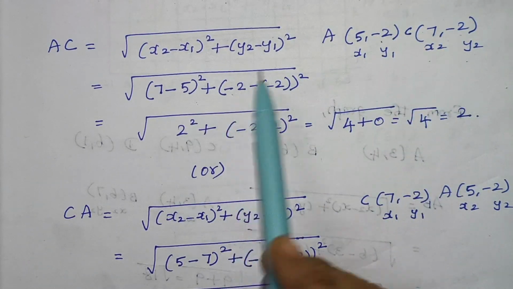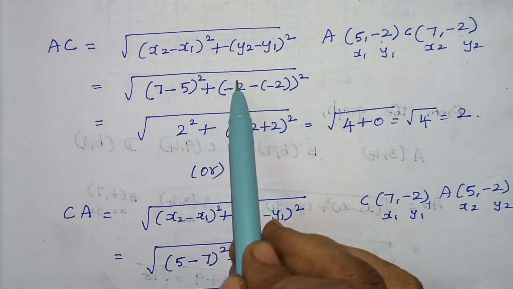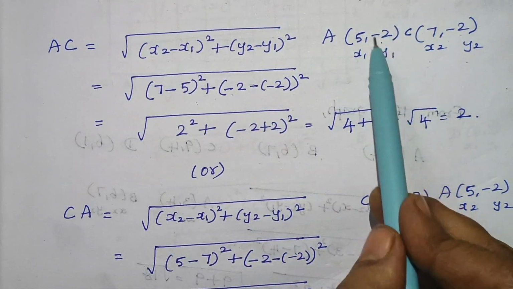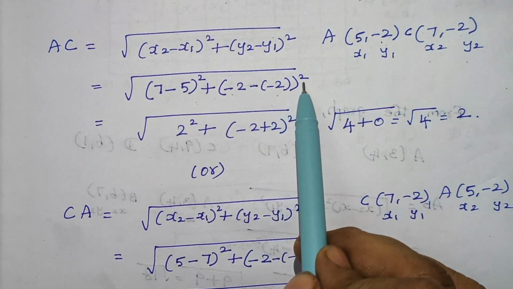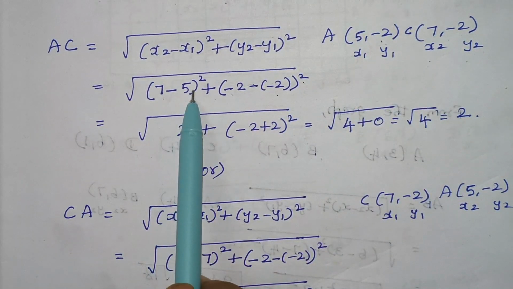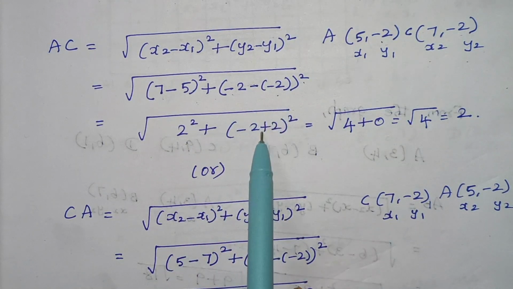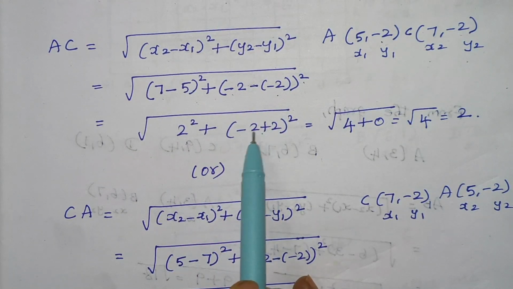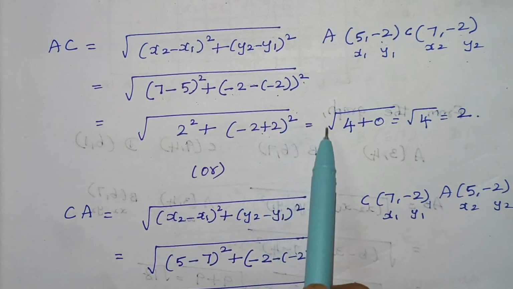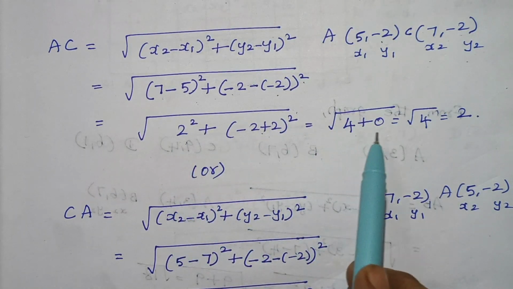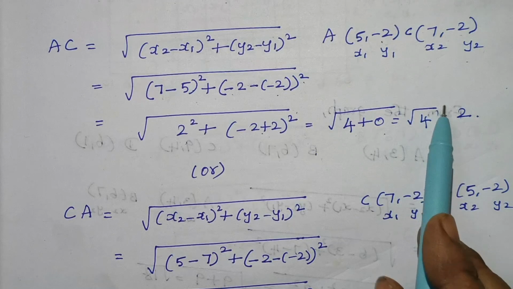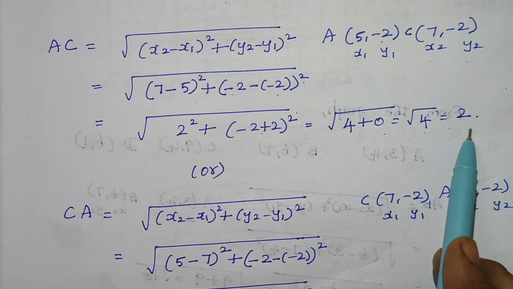This y2 is minus 2 and this y1 is minus 2. The whole square. So 7 minus 5 is 2 square plus minus 2, minus into minus gives a plus 2. So minus 2 plus 2 the whole square. So here the answer is 4 plus 0. So it is square root of 4, which is equal to 2.